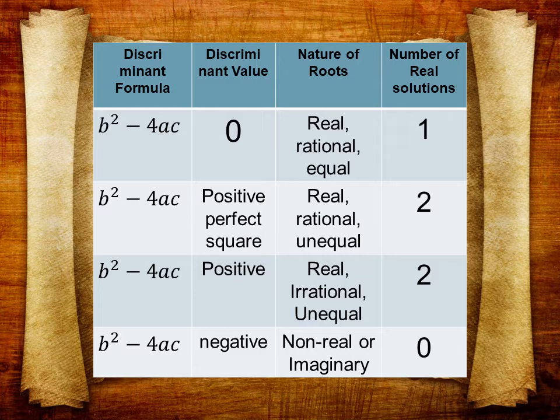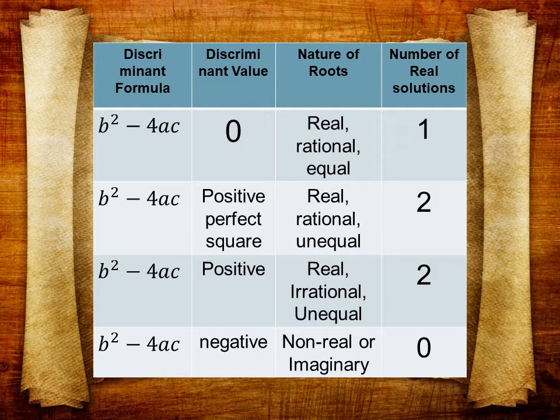So, all positive perfect squares. If you got those numbers, the nature of roots are real, rational, and unequal. And you will get two real solutions. That will be your answers.